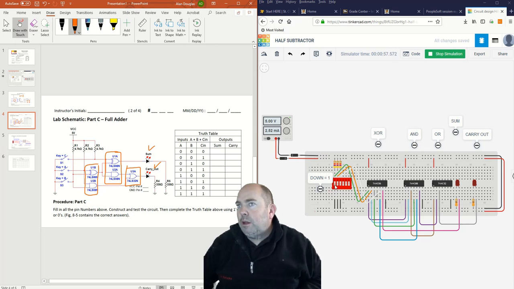So we have 0, 0, 0, has no lights. Carry in only, that gives us a sum, and no carry.